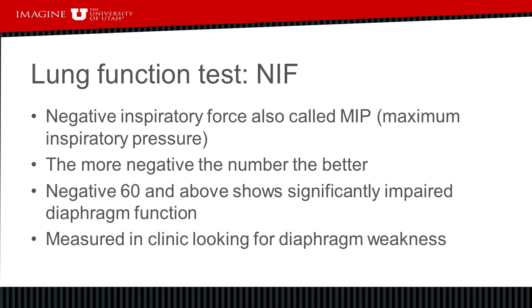And we're doing this in clinic by having patients suck in on a device as hard as they can, in contrast to the forced vital capacity, where we have you blow out as hard as you can. And when patients are in phase 1 and phase 2, we'll test every patient that comes into clinic looking for respiratory impairment to decide if they need a device that helps them breathe and helps them cough.